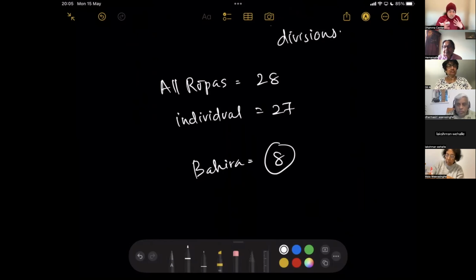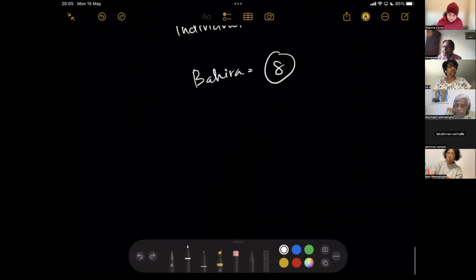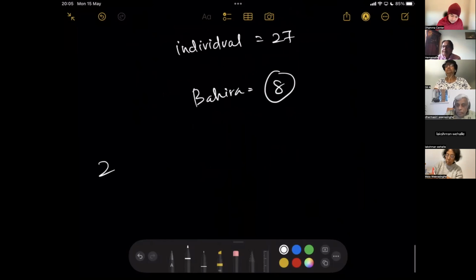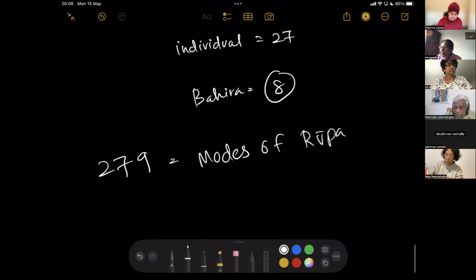Now, of this composition, within the Dhammasangani Rupa Kanda, we find that the Dhammasangani goes into detail about 279 different ways and modes that Rupa can exist. How many? 279 modes of Rupa existence.